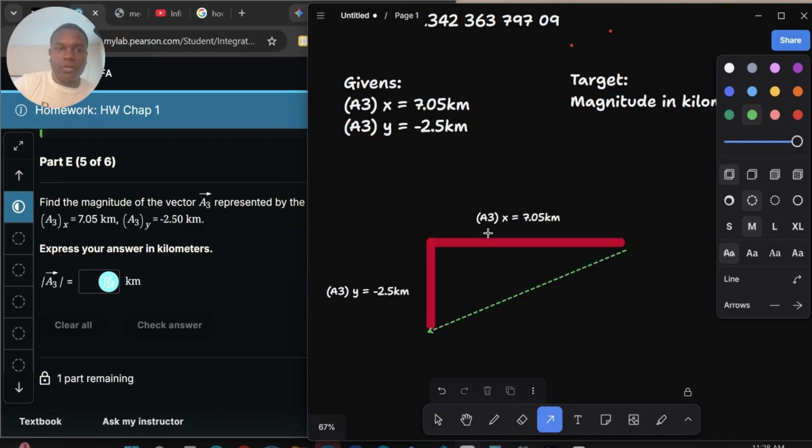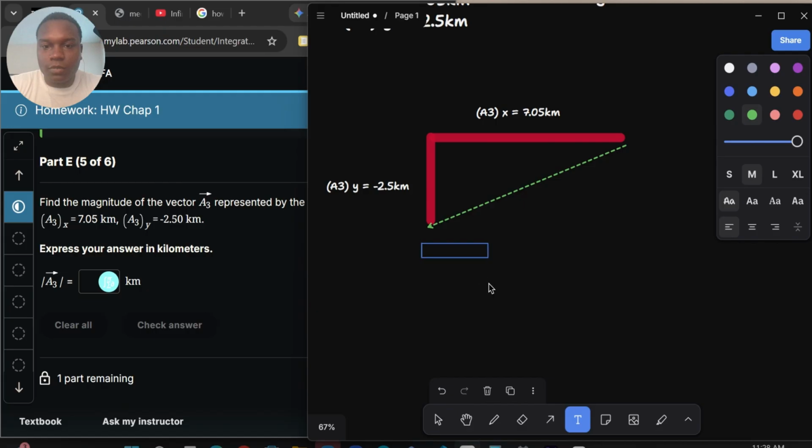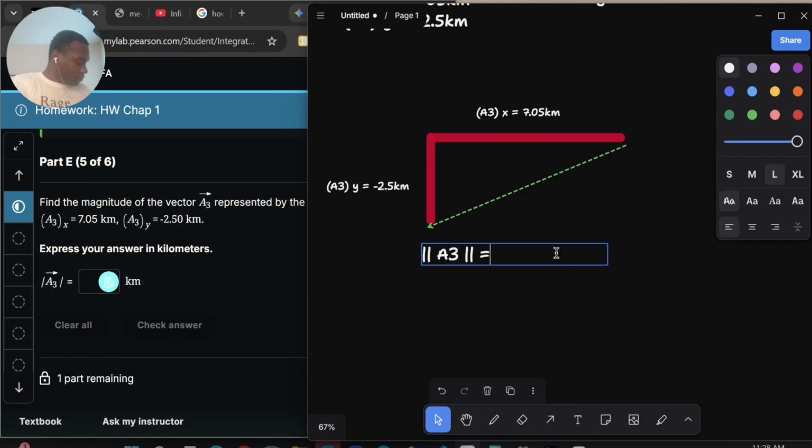To find the magnitude, all we need to do is square the x component, add it to the squared y component, and take the radical.